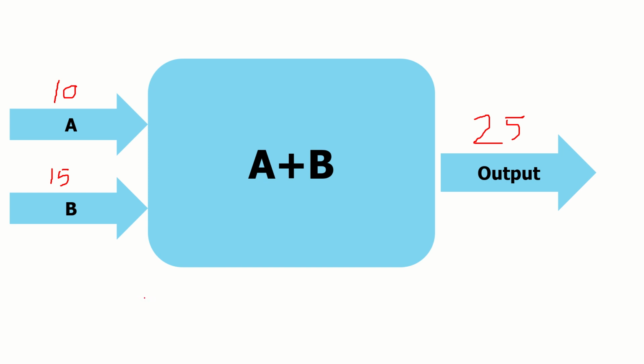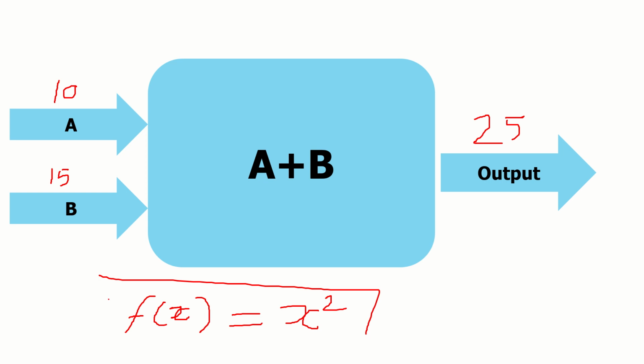Similarly, we can define some function like f(x). f(x) is equal to x square. So in this function, what is the input? x is the input and f(x) is the output, and f(x) is equal to x square.